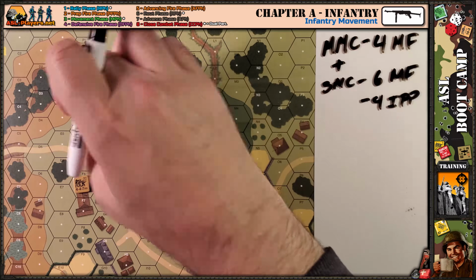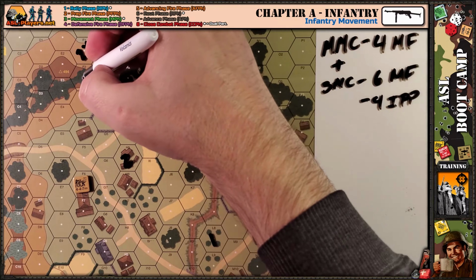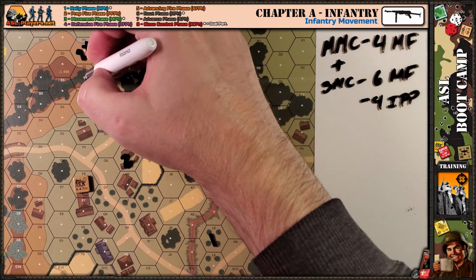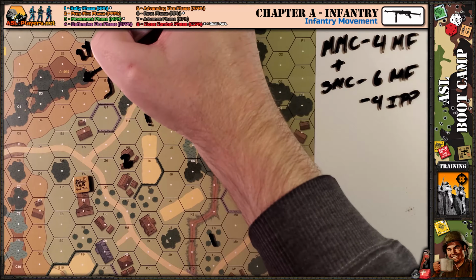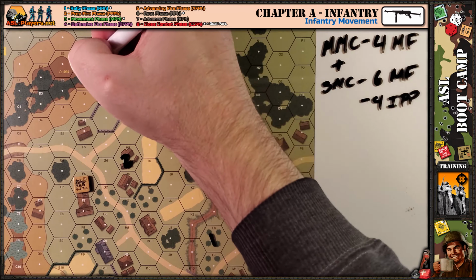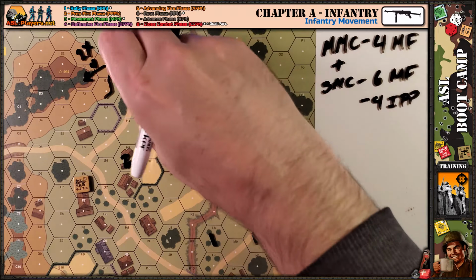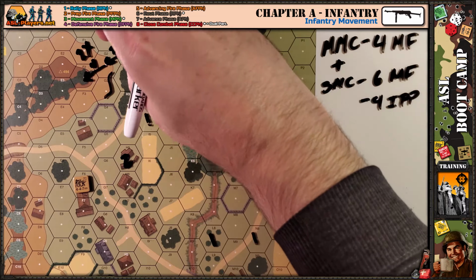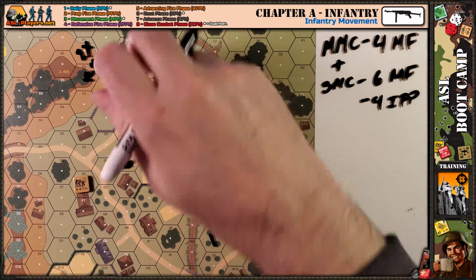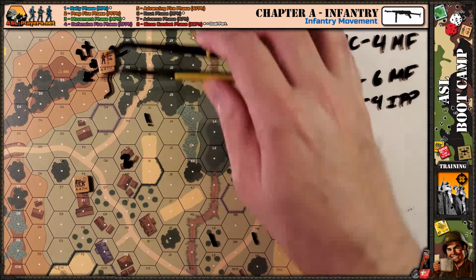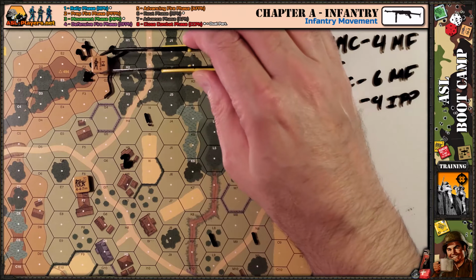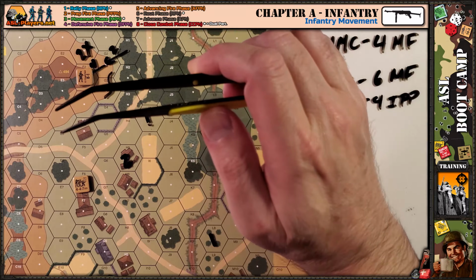But to move up, crossing this crest line into this wood hex, that would cost 4. So that'd be 2, that'd be 4. So this unit here, if he didn't have the machine gun, if he started here with a leader, he could go, my tweezers, he could go 2, 3, 4, 5, 6, and stop there.